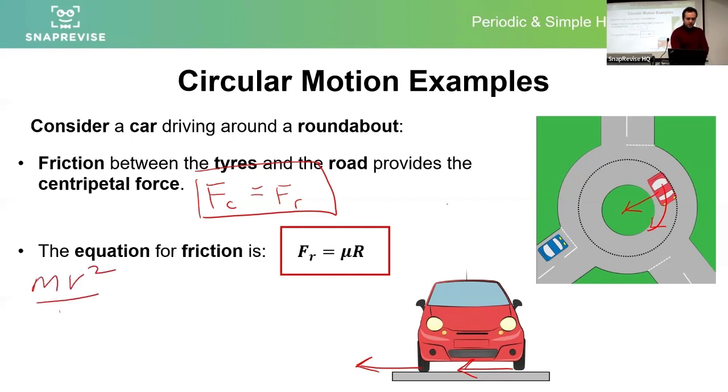So let's do just that. mv squared over r equals mu R, where R is your normal contact force and mu is the coefficient of friction, for those not in the know.